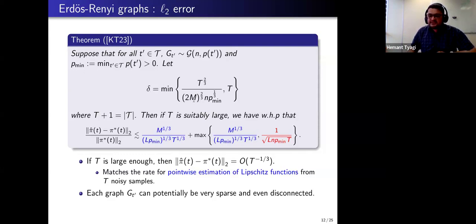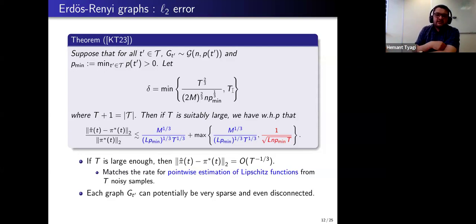If m is non-zero, for t large enough, the first term in the minimum will dominate. So your window size needs to be of the order t to the 2/3 to get this right rate, which is what we know from non-parametric regression. And as a sanity check, if your Lipschitz constant was 0, then your delta would just be t, which makes sense because then you just average everything.